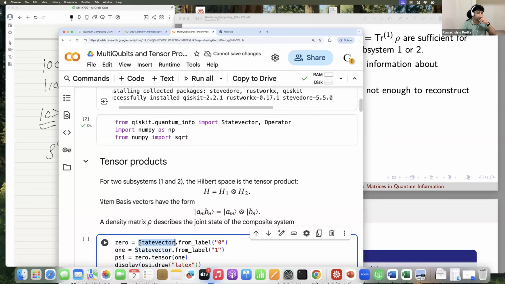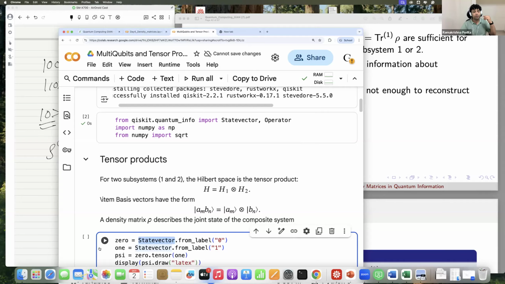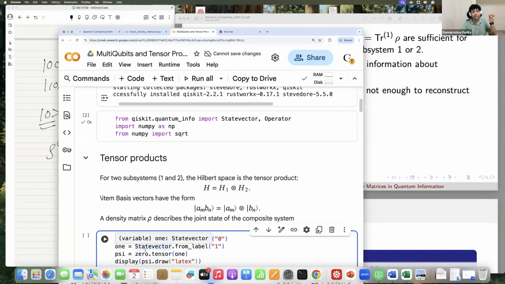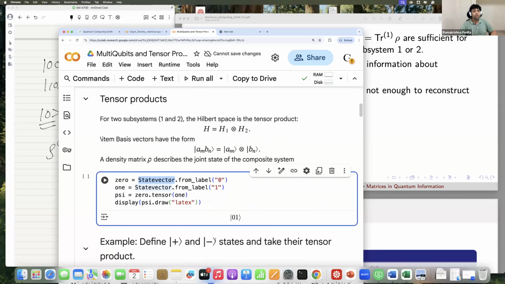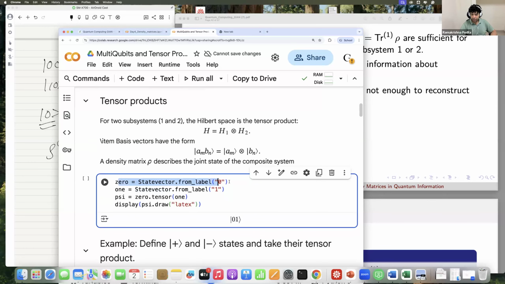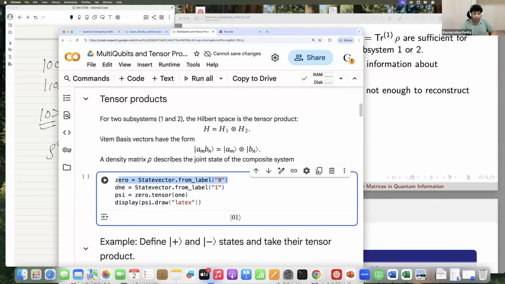You could just say 0 is state vector from label 0. If you want to create a superposition state, you can say state vector from label plus. That would create superposition. Here we are creating state 0 from label 0, and here we are creating state 1. This is qubit 1, this is qubit 2. We are creating 2 qubits.